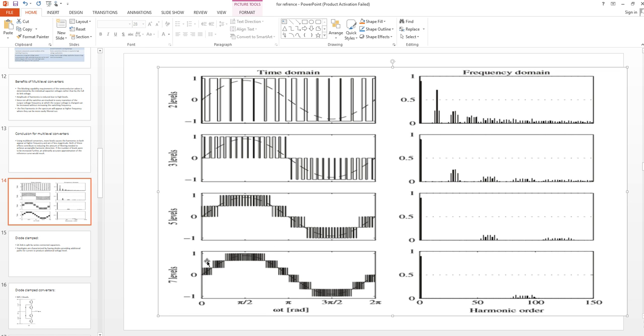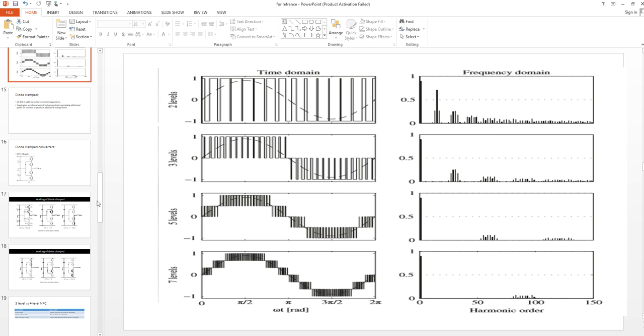So if we increase the number of levels in the waveform, the amplitude of the harmonic distortion will be very small, and they will be at a higher frequency, so they can be easily filtered out, and we need a very small filter to filter out the harmonics present at the higher frequencies.